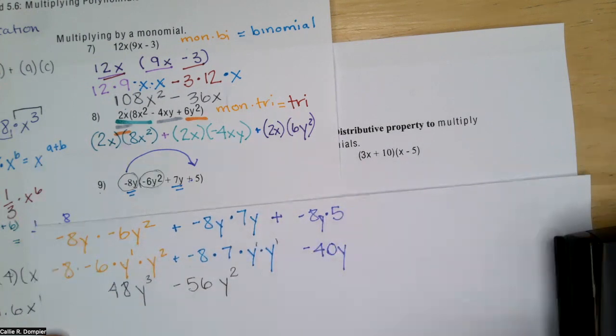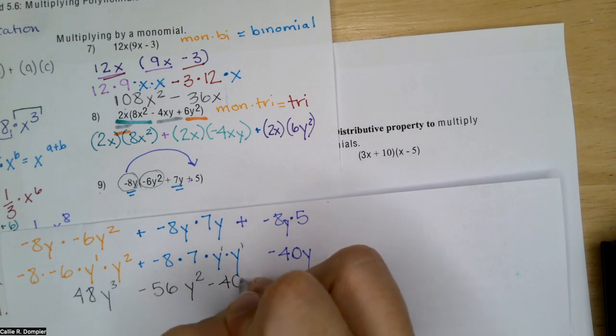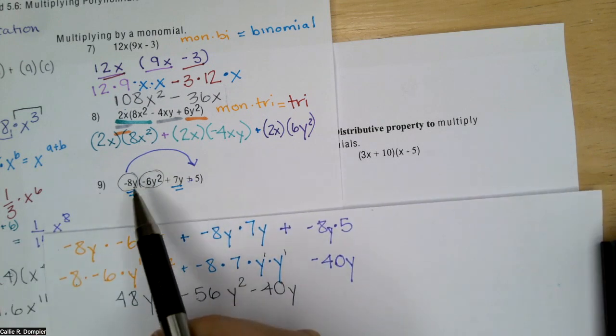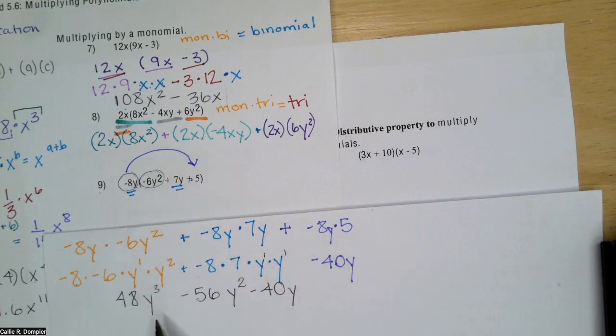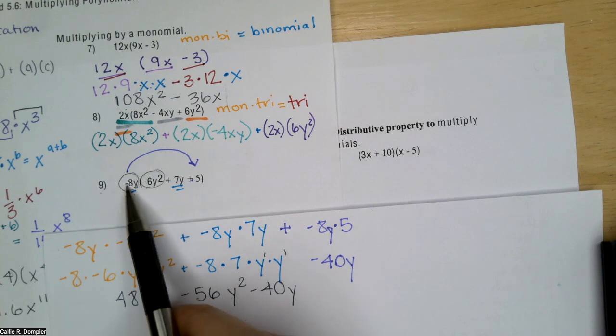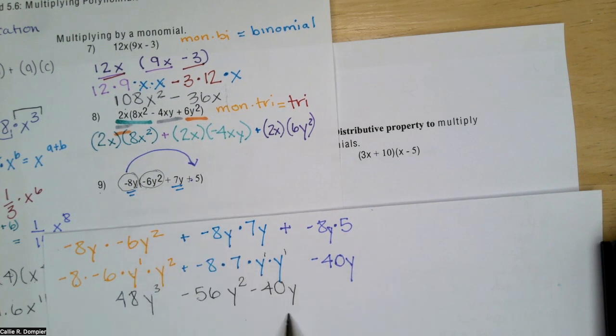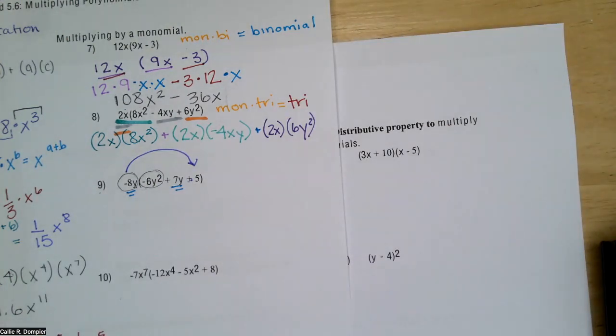That's y1, y squared, minus 40y. Good. So we multiplied degree 1 times a degree 2, we got a degree 3. We multiplied a degree 1 times a degree 1, we got a degree 2. We multiplied a degree 1 by a degree 0, and we got a degree 1. That tracks.